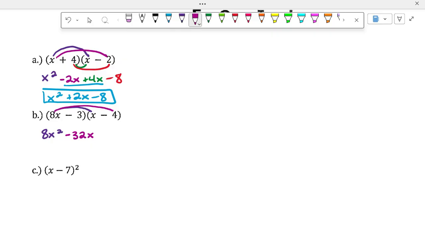What do I do next? Negative 3 times x, which is negative 3x. What do I do last? Negative 4 times negative 3, which is positive 12. Combine my two like terms, the negative 32x and negative 3x. So you just add them together. This would be 8x squared minus 35x plus 12.